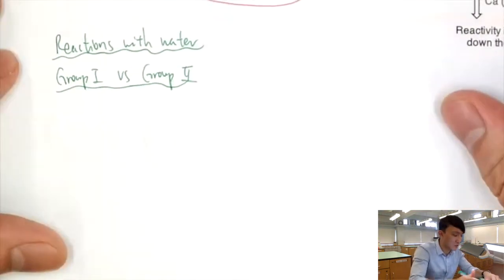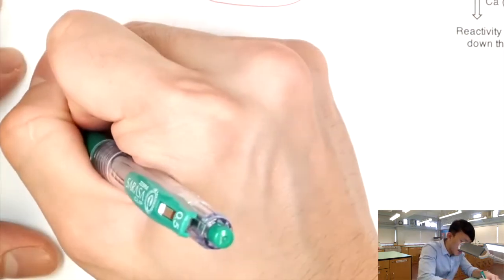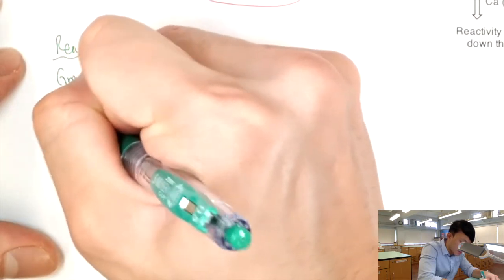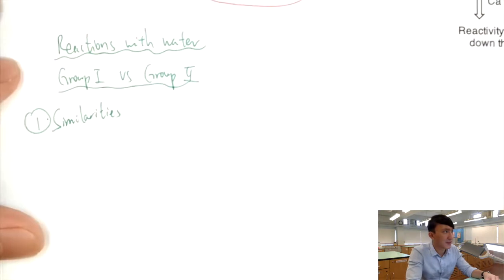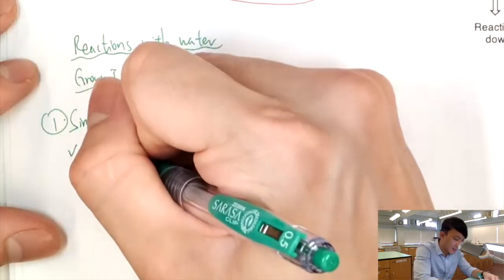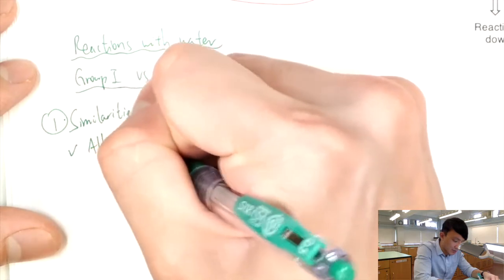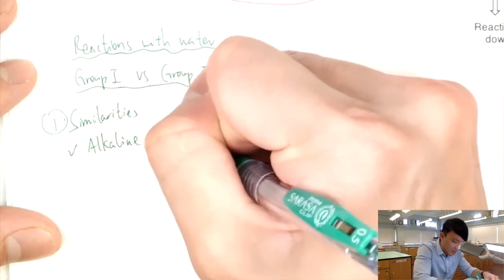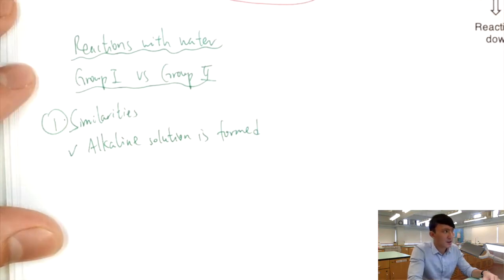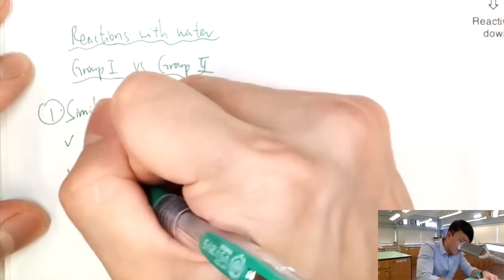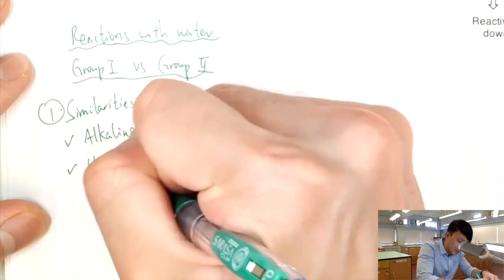Now, first of all, we look for similarities. So what do they have in common? Similarities include, of course, that they produce an alkaline solution. Okay? And they both produce hydrogen gas.